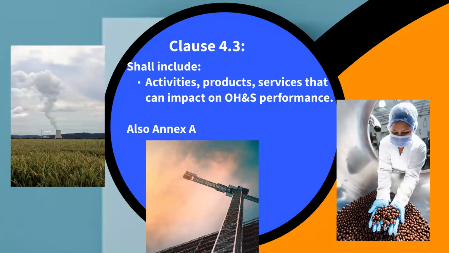Right-hand side as an example, if we're a food safety management system, our core food manufacturing activities need to be included in the scope if it's to be credible. Or coming straight out of clause 4.3 in the standard, that could impact on our food safety performance, obviously, so we need to include that.